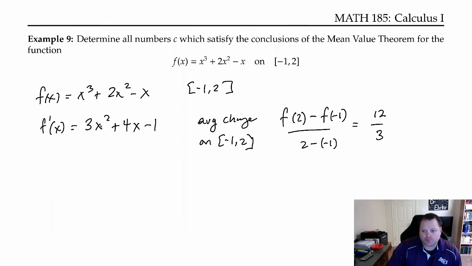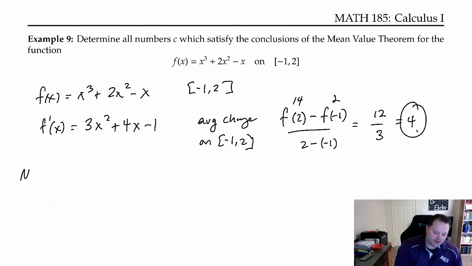Plugging 2 into the original function: 2 cubed is 8, plus 2 squared is 4, plus 2 is 8, so 16 minus 2 is 14. If you plug in negative 1, it will give you 2 total there. And 14 minus 2 is 12 over 3, so this is 4. So I know my average rate of change on the interval is 4.